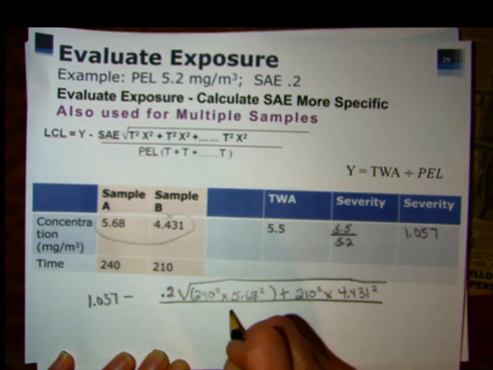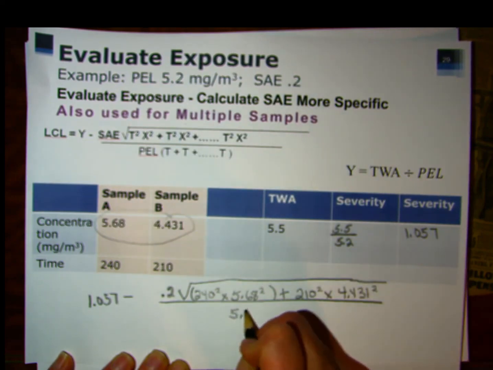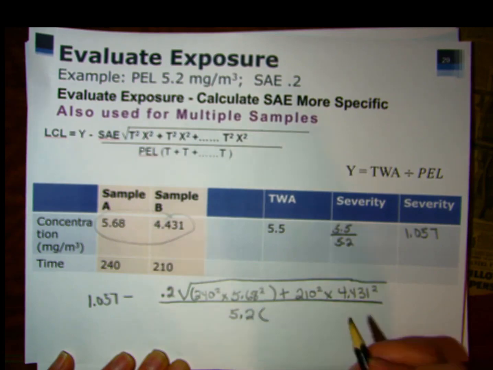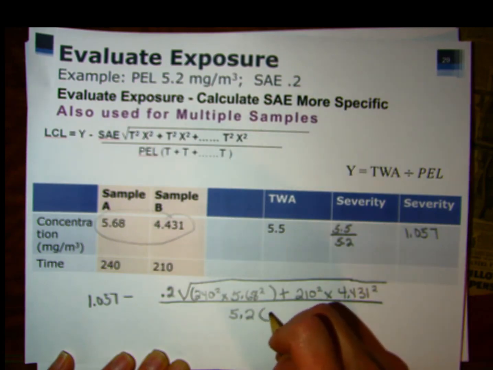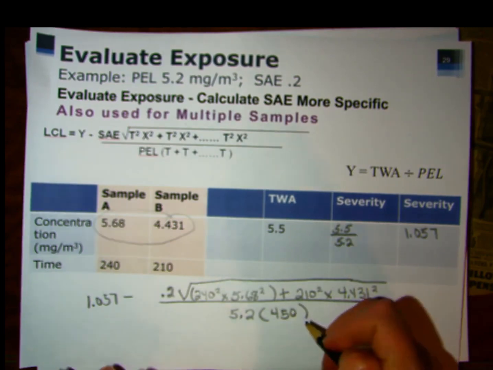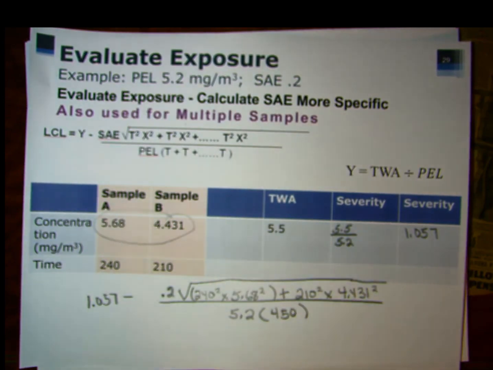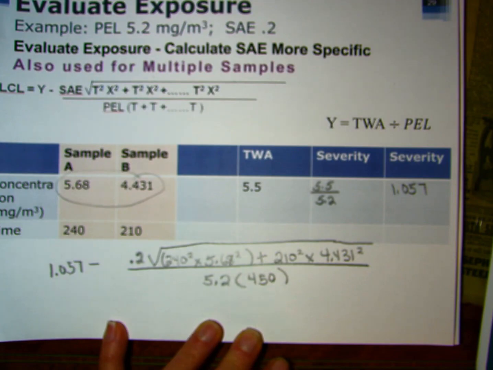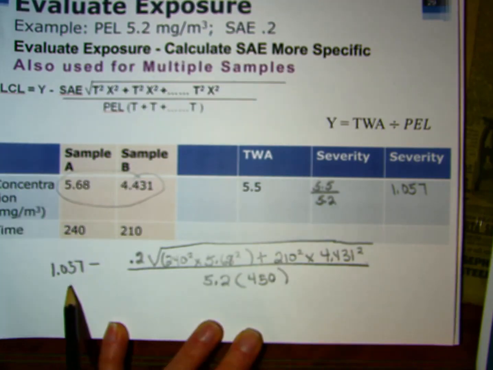And we'll put this over the PEL times our sum of time, which is 450. Okay, so in the grand scheme of things, this is all just a big giant math problem. Just ensure that you do the entire top first before we do our subtraction. That seems to be where most people make their errors.